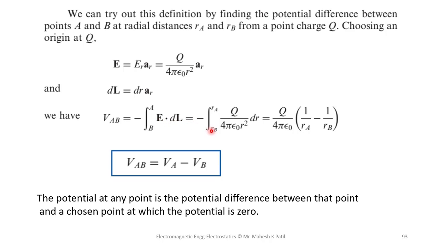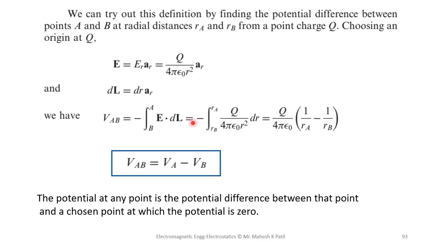So the initial point can be written as the distance from the origin to that initial point, so that is r_B, and the final point can be written as the distance from the origin to that final point, so it is r suffix A. It is integration of E bar, so E bar can be written as Q upon 4 pi epsilon naught r square into dl bar, so it is dr. a_r bar dot a_r bar will result in 1.